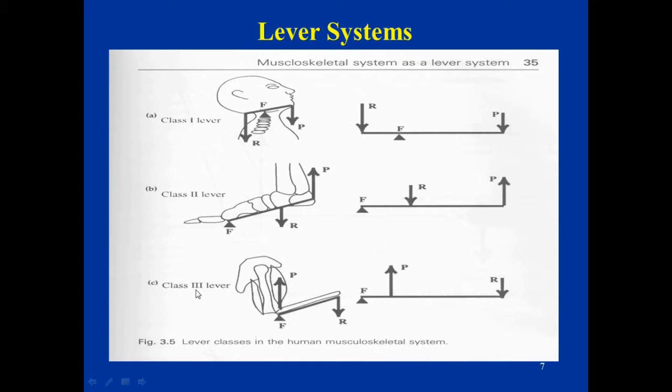Your Class 3 lever system, this is your fulcrum again out here. This is at the elbow, and your biceps then would be the force lifting up, and then your resistance would be the weight in your hands right here.